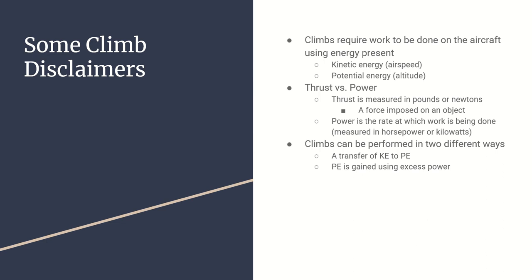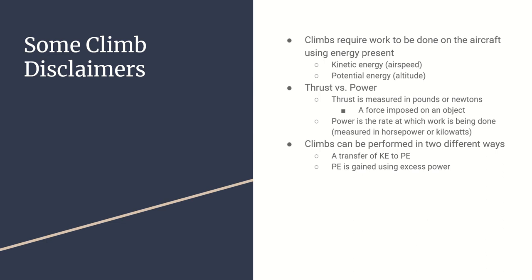So if we are still at an airspeed of like 70 knots at that point, what we can do is add some back pressure, and what that does is it allows us to lose that airspeed we need to lose anyway. And we're trading that for altitude, right? So we can use that to climb ourselves back up to our starting altitude. Okay, so that's an example of transfer of kinetic energy to potential energy.